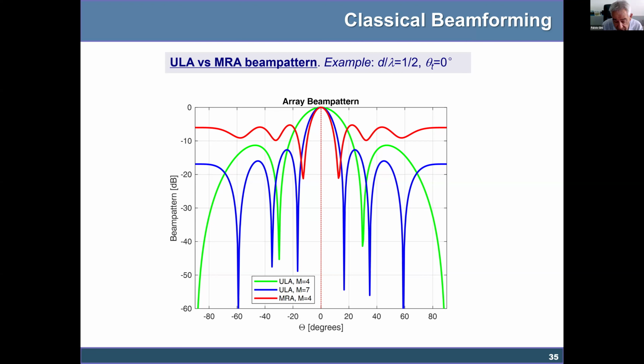So it's an array design problem that can be solved by using optimization methods. But I just wanted to explain the concept. This is not the best possible sparse array. There are many other structures with different properties and characteristics. Definitely, some of them are better than the MRA. But the idea is this one.